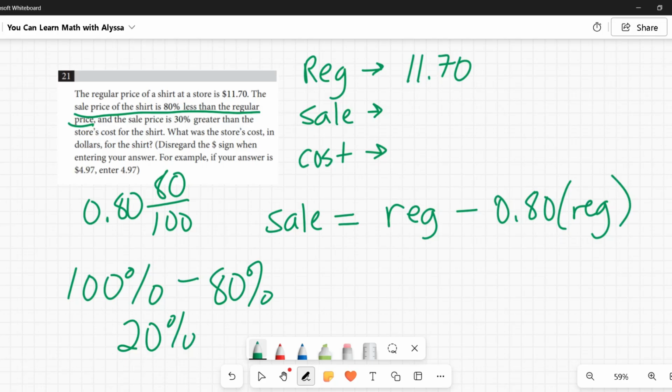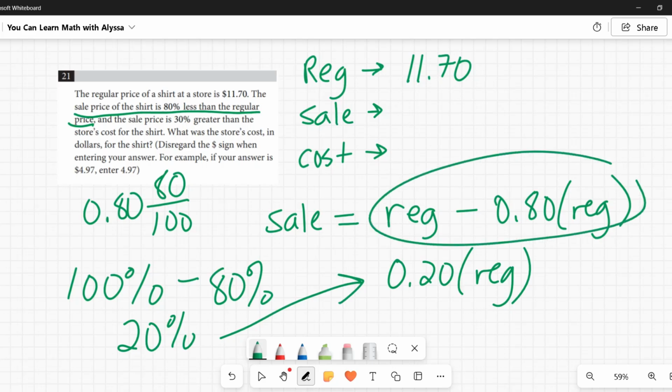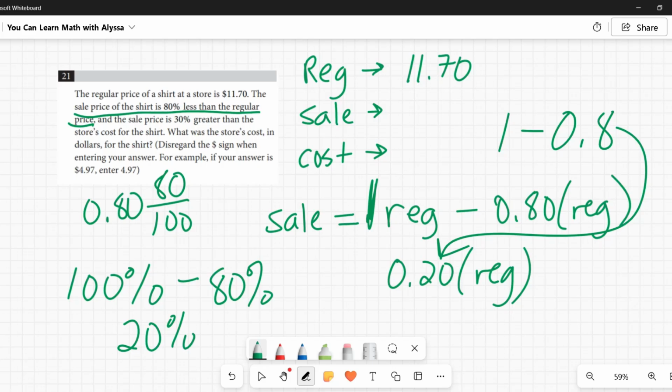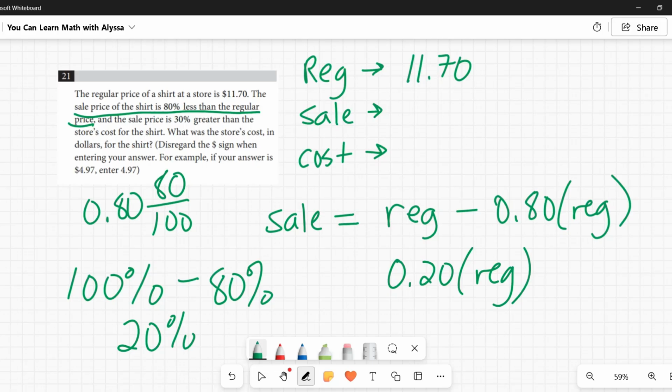So I'm going to view it as 20% of the regular price. And looking at it this way, it is the same thing, because here it's like one regular price minus 0.80 regular prices. 1 minus 0.80 regular prices gives you 0.20 regular prices. So see, same difference.